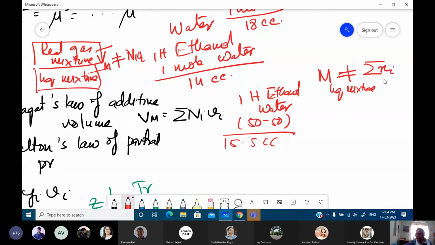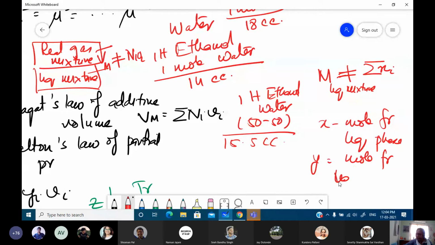X is the mole fraction in the liquid phase and Y is the mole fraction in the vapor phase. Remember this, right? If you are following this meticulously, you should not have any problems. So therefore this is Xi, this is not equal to Xi Mi.